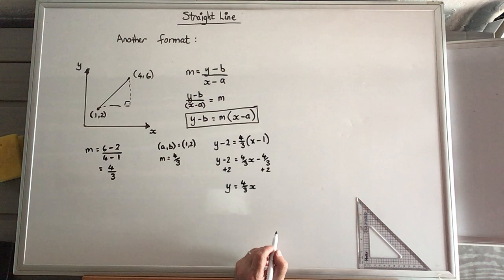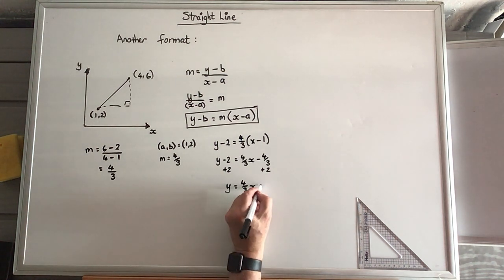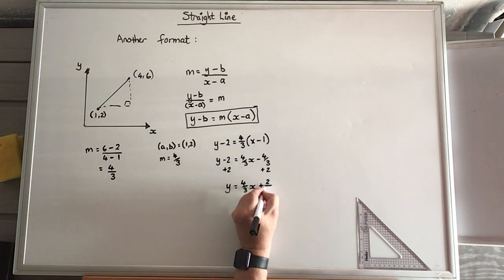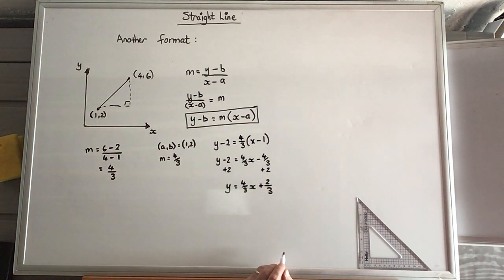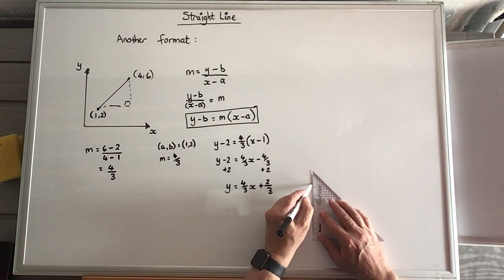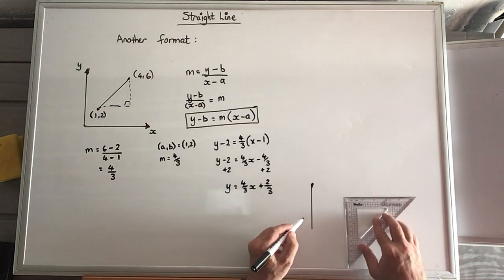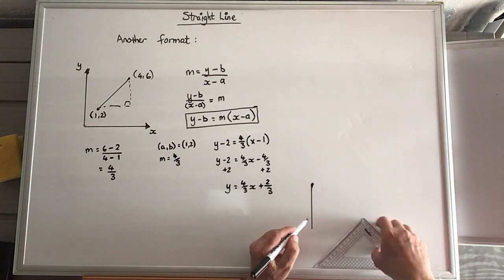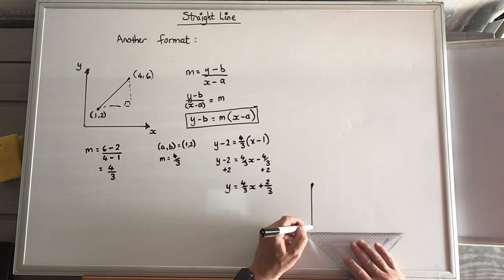Well, we can write 2 as 6 over 3, and if we sort that out, you should get 2 over 3. And that's the format of y equals mx plus c. And we could sketch that, so if we want to sketch that, so do we sketch?